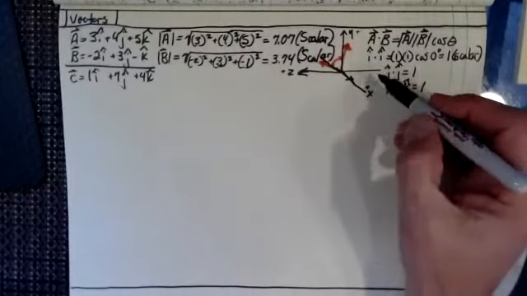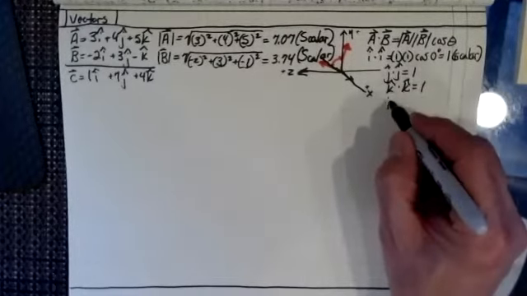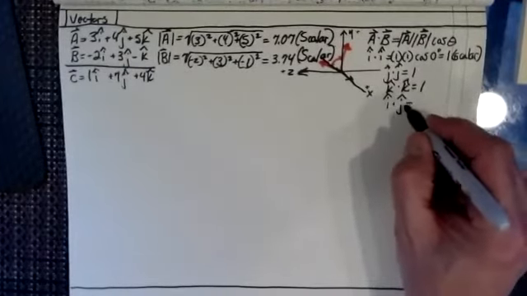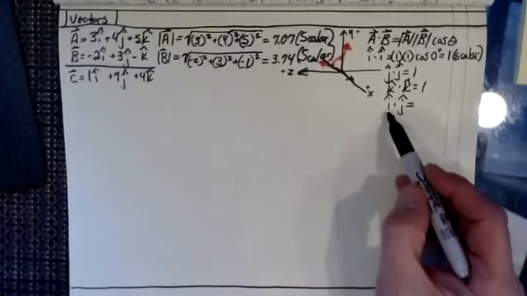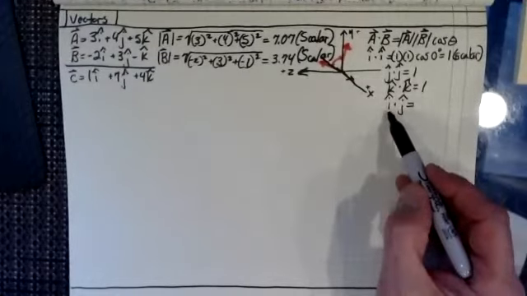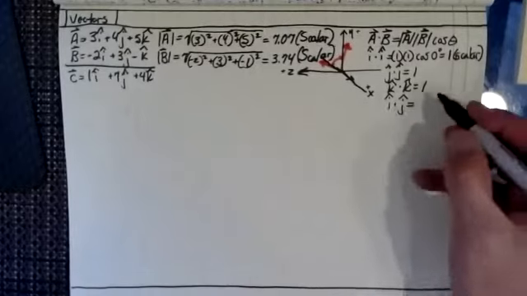Now all of those make sense. But what if I did I hat dotted with J hat? Well, let's see, that would be the x direction dotted with the y direction. X dotted with y, right? Well, that's 1.